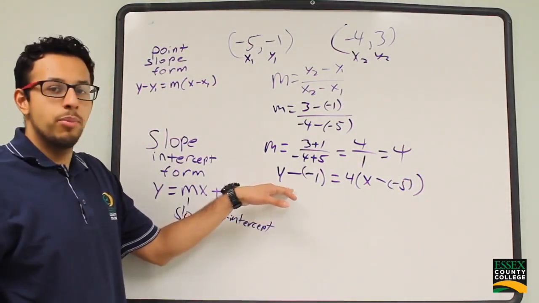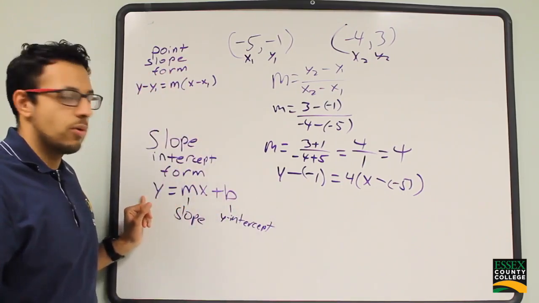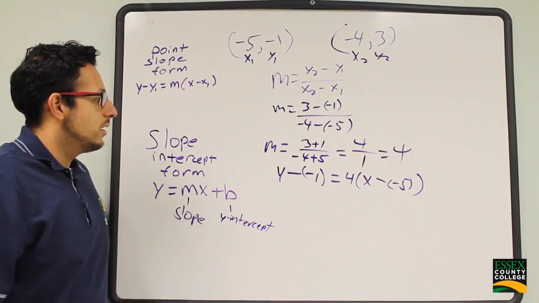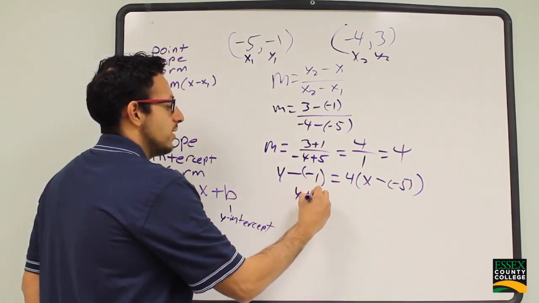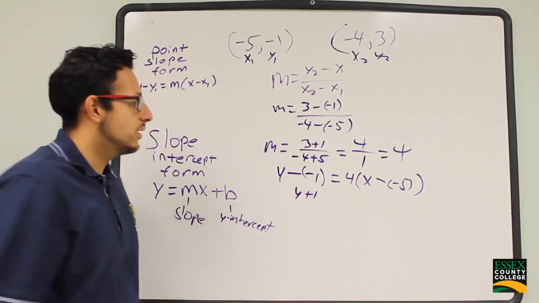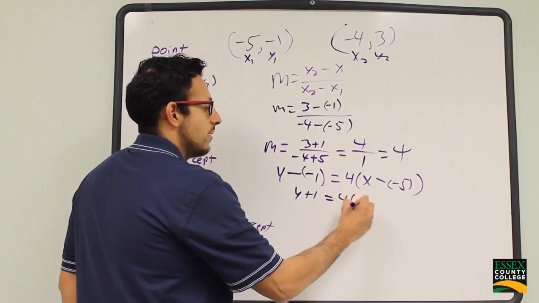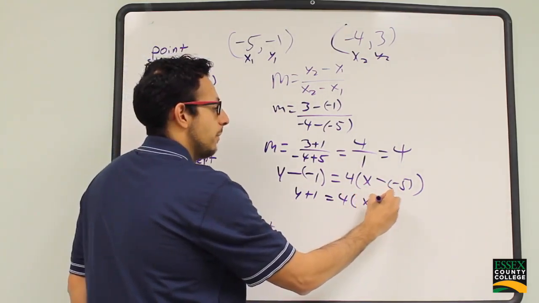So once we plug it into our point slope formula, we can solve for y to have our slope-intercept formula. So y minus -1 is actually y plus 1, because again, when there's minus and negative it becomes plus, is equal to 4 times, same thing, negative minus a negative is x plus 5.